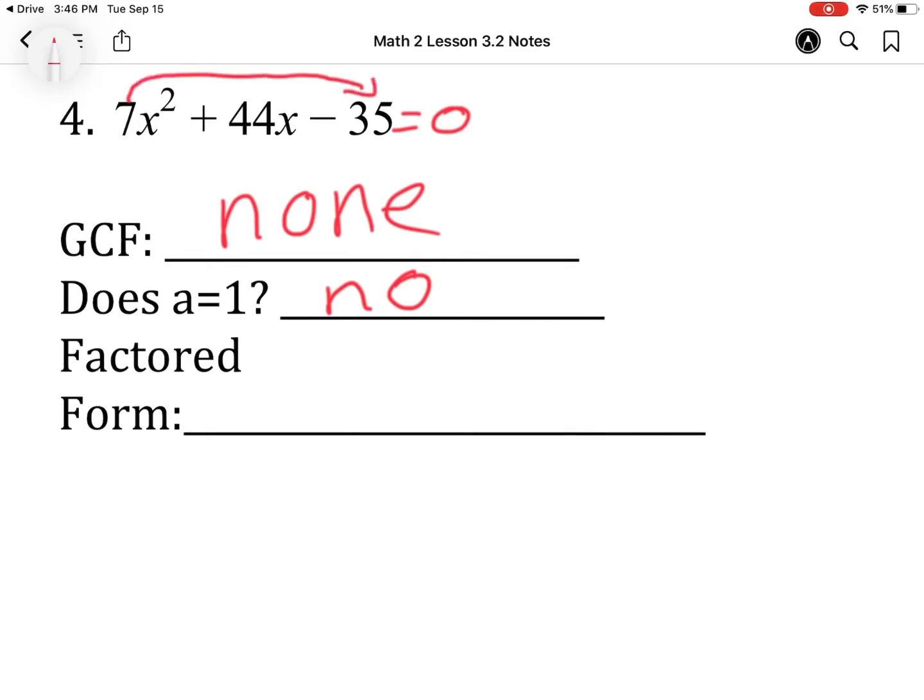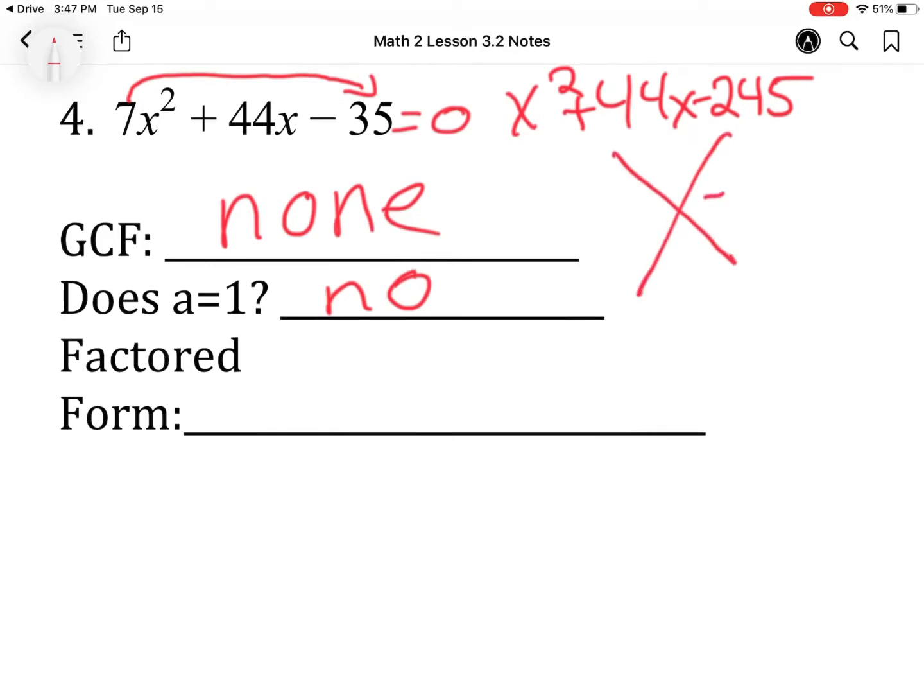So we're going to slide that A to that C. We're going to have x squared plus 44x minus 245. And we're going to want two numbers that multiply to give us our C, but also add to give us our 44. So you can create your tables, you can use your calculator, do what you need to.